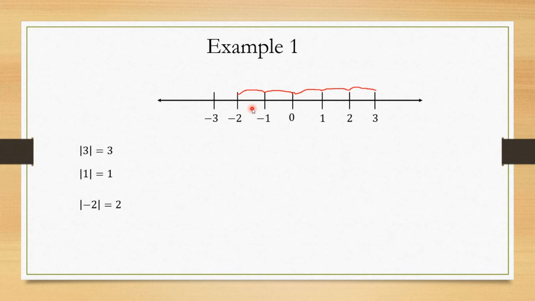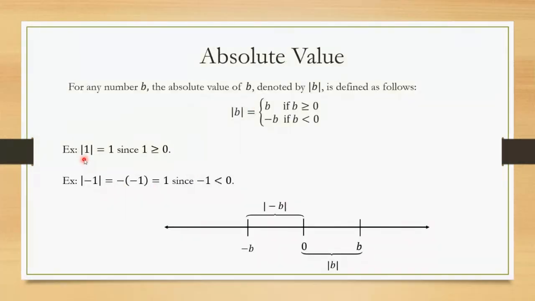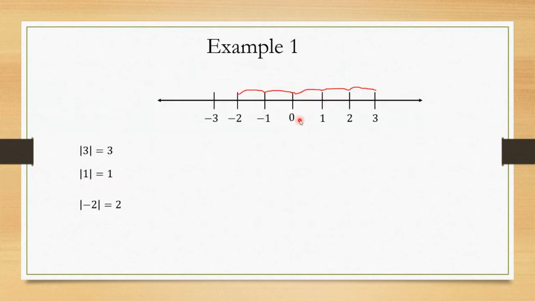Now, notice something really interesting. The absolute value of 1 and the absolute value of -1 are the same. The absolute value of 1 is 1 unit away from 0. The absolute value of -1 is also 1 unit from 0, just in the other direction.